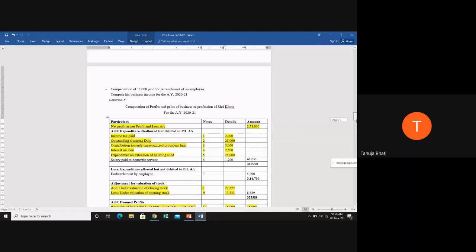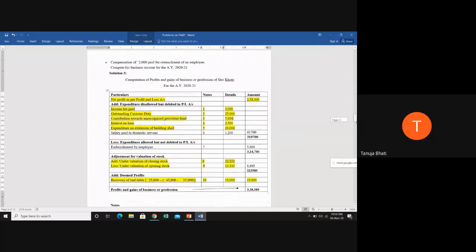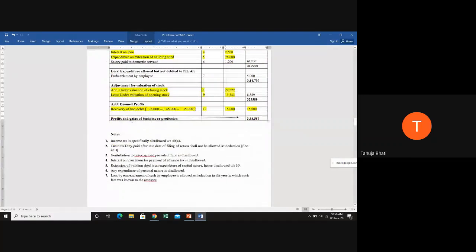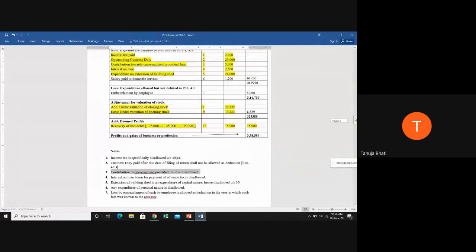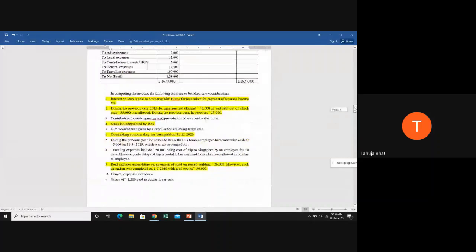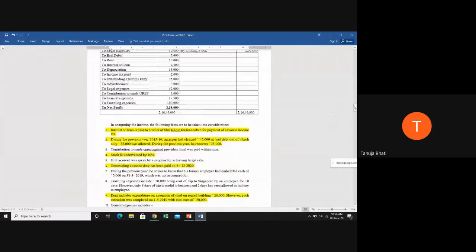What is the reason behind that? Because it is unrecognized. Point number 3: contribution to unrecognized provident fund is disallowed because it is not a recognized provident fund. If it was a recognized provident fund and the payment was made within time, then we would have allowed it. But since it is unrecognized, we will not allow it.